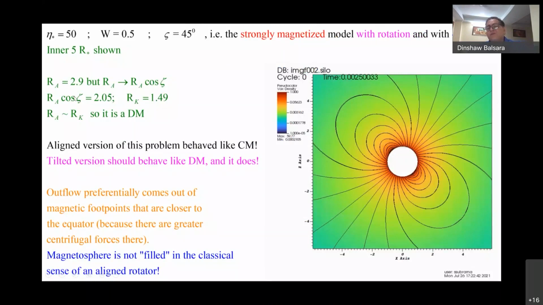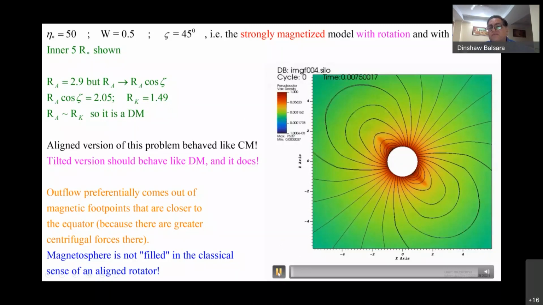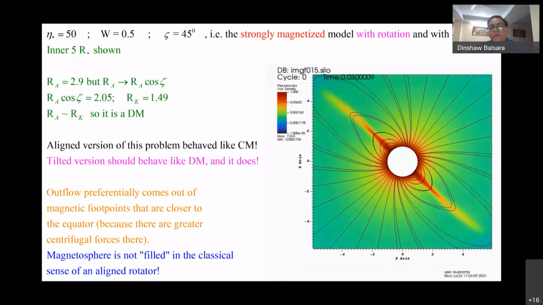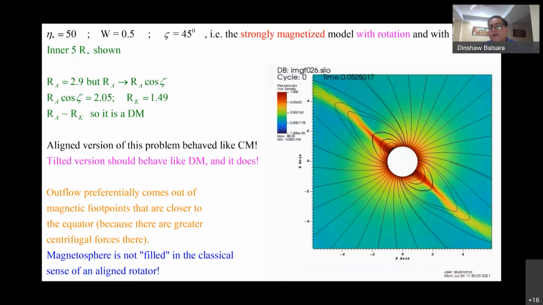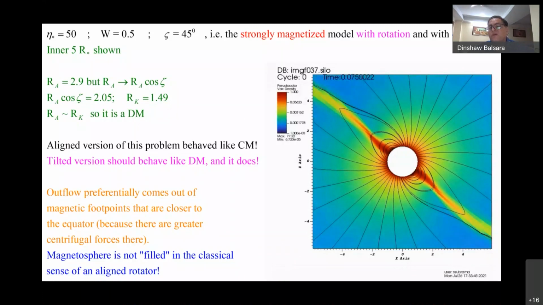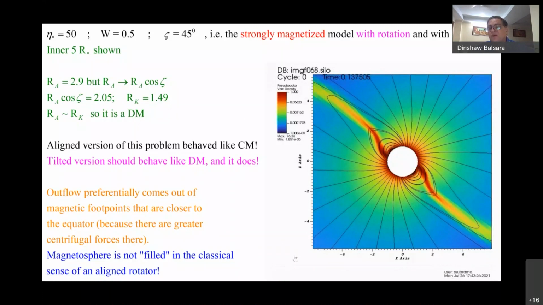However, because of this cosine theta factor, we realize that Ra times cosine theta is actually quite comparable to Rk. And so let's look at the kind of situation we have. So what used to be a centrifugal magnetosphere now seems to be turning into a dynamical magnetosphere, as you will see very soon.